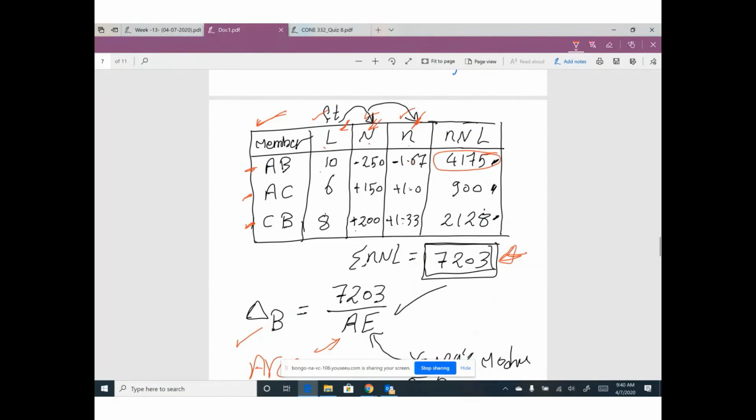Sometimes you can find positive times negative, so be careful. Don't neglect your sign. Then get the summation of this column, summation of small n times capital N times L. This summation divided by AE, cross-section area times Young's modulus, gives you the final deflection.